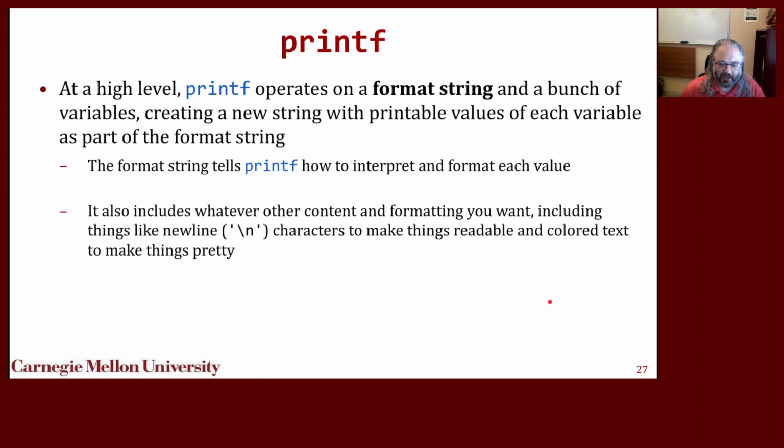The format string tells printf how to interpret the variables, what types to use, what format to use in converting them into strings, and then whatever other content you want to include. Do you want to print things like new line characters, tab characters, anything else that's part of a string you can print, anything that's printable. You can also change the color of things if you want.